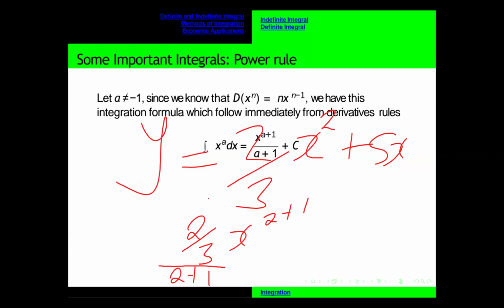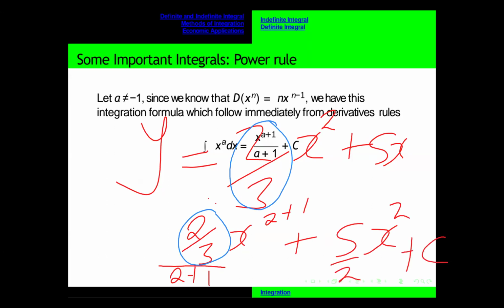This will be treated as one figure, as one number, the whole fraction. It's the same way we treated 4 previously. That's how you treat it. Okay? So at that level, plus 5x squared all over 2 plus c. And then you will have 2 over 3 divided by, if you want, you can write divided by. So still everything divided by 3 now.